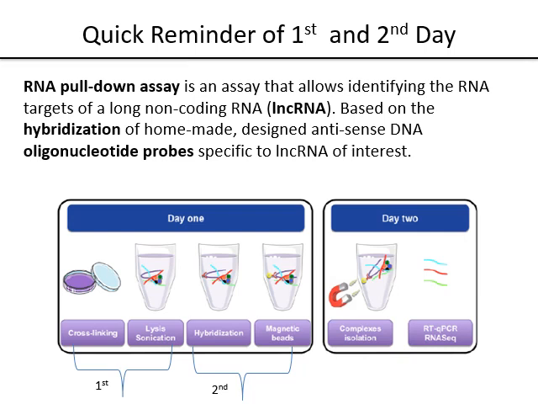What is left is to cover the oligonucleotide probe, how we design antisense DNA oligonucleotide probes that are specific to the long non-coding RNA of interest, and also the second part of the RNA pull-down assay.